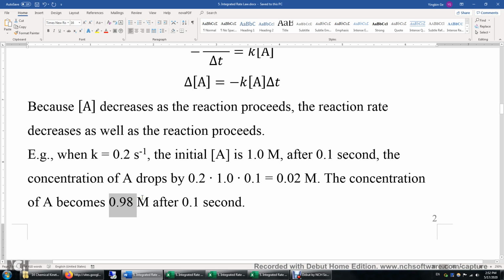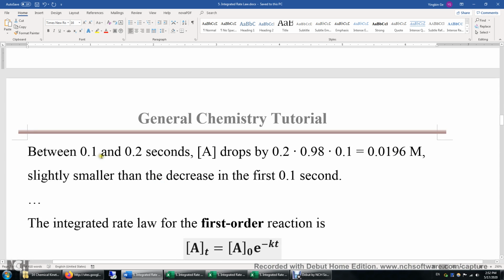All right. And now I'm going to show you the second 0.1 second period. That's between 0.1 and 0.2 seconds. All right. So A drops by 0.2 times. Okay, look at here. The concentration of A is not 1.0 anymore. It's 0.98 at this 0.1 second.